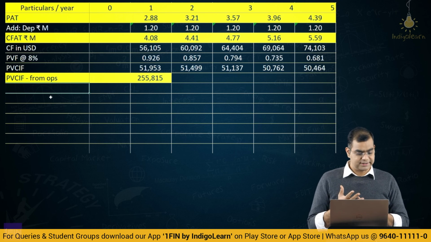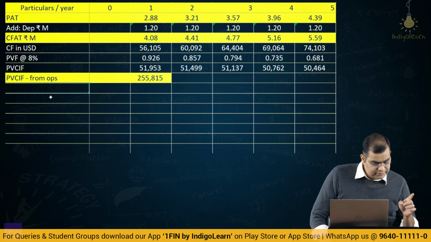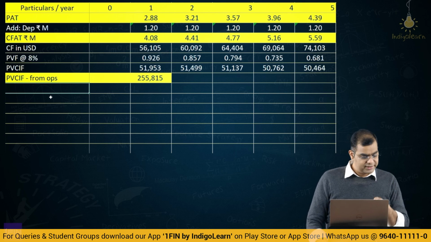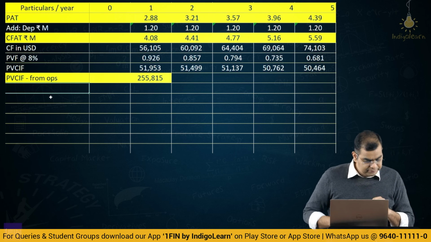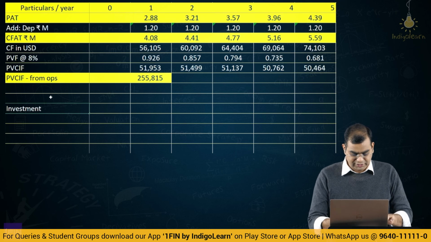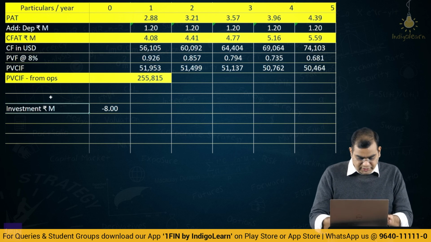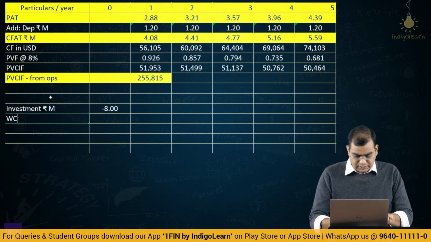Because you have two more things. First, to support an additional level of investment, there will be additional working capital. There is initially an investment of 8 million. I will give everything in rupee million. First year is -8. Then you also have working capital of -1 rupee million.